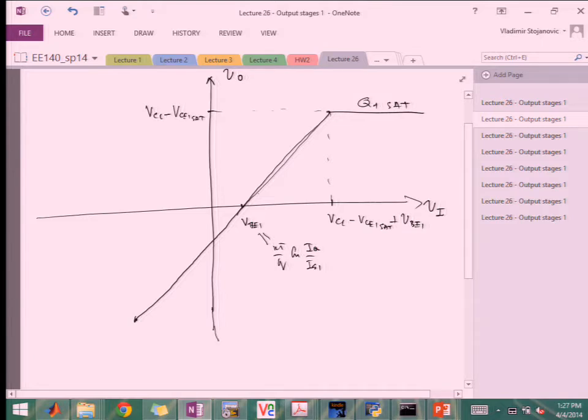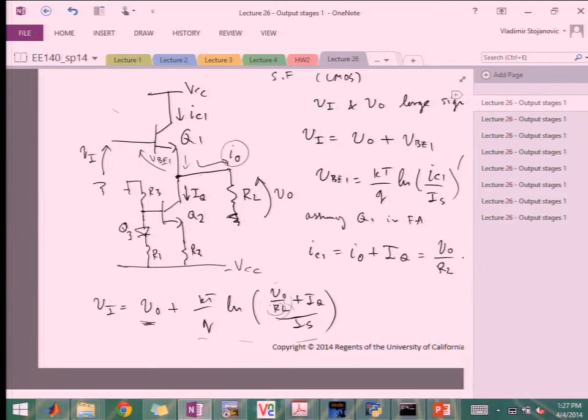On the negative side, anybody guess till where can I go? Let's take a look at this. How far can I go with VO on the negative side? You start dropping. When is this transistor going to change? It's forward active and it goes into saturation when?